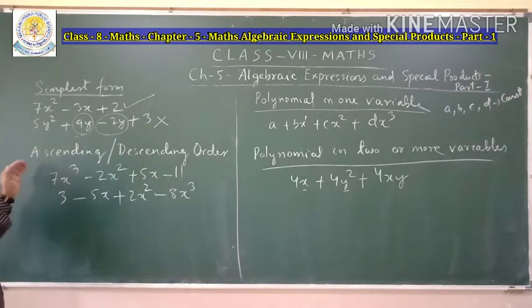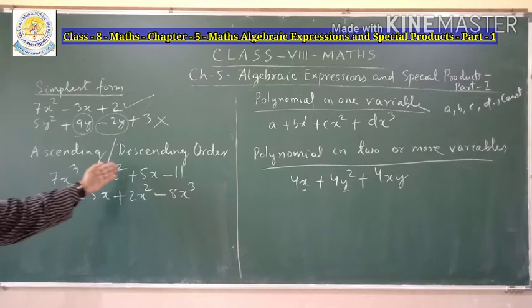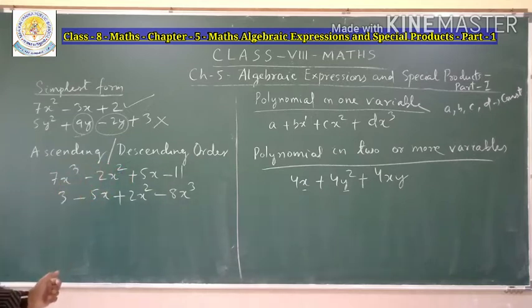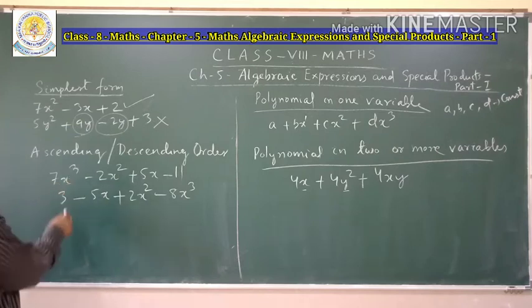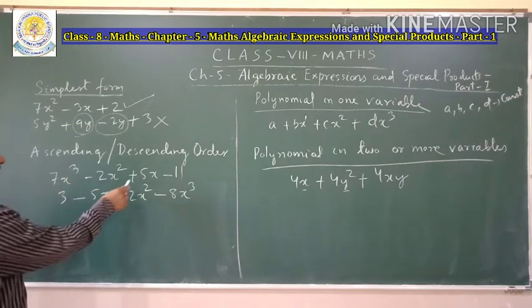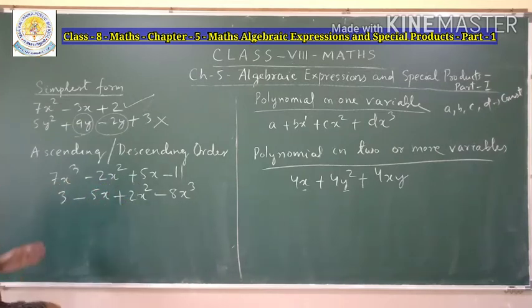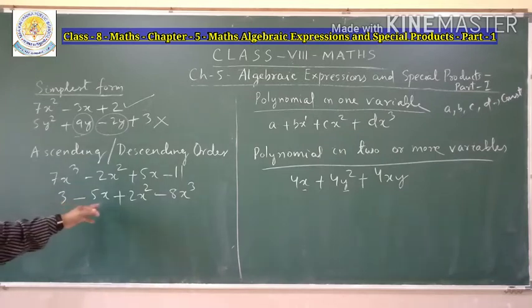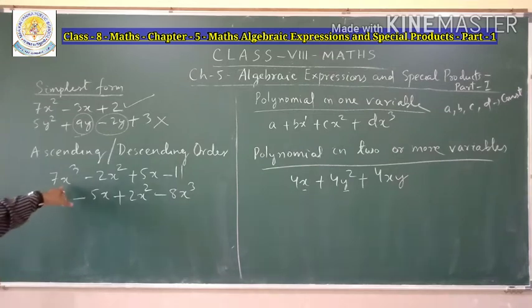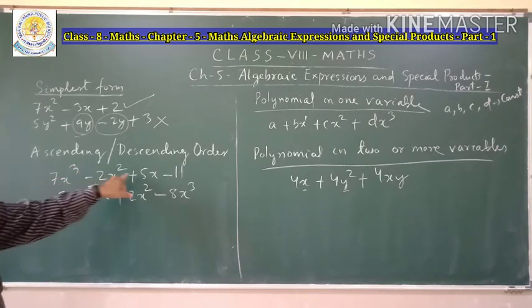Now we will discuss what is ascending or descending order of an algebraic expression. We will see one example: 7x cube minus 2x square plus 5x minus 11, and another example is 3 minus 5x plus 2x square minus 2x cube. Here we see that the power of x is decreasing.